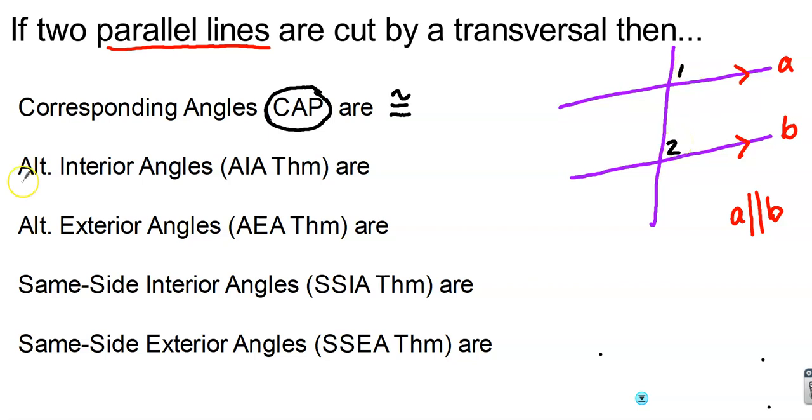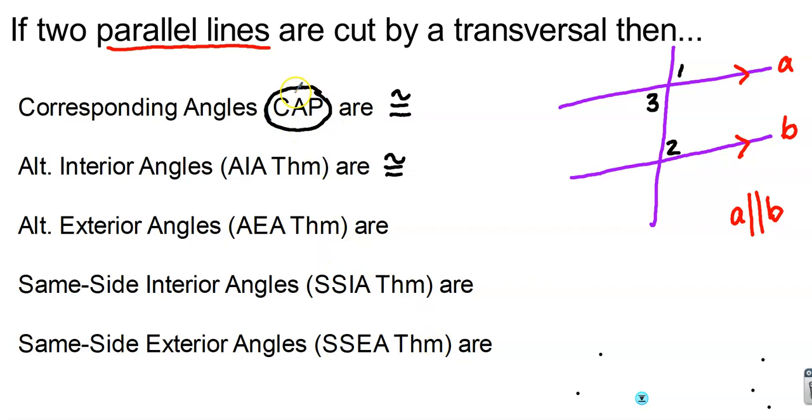All right, alternate interior angles. Alternate interior have to be on opposite sides of the transversal and be on the interior. So like I could put the 3 here, and now you'd have alternate interior. Remember they kind of look like the Z pattern? They're tucked in the corners of the Z. So alternate interior angles are also the same size. They're also congruent. This one, though, and every other one after this, is a theorem.